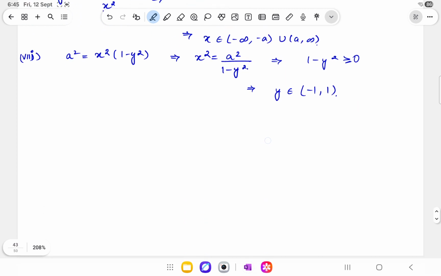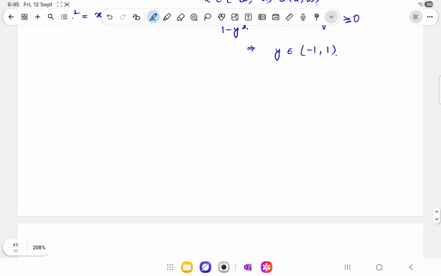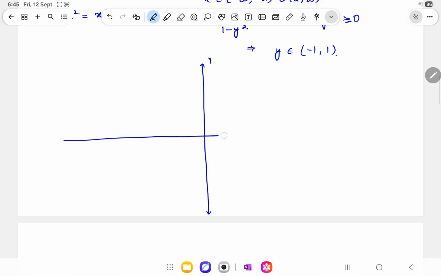Now let's try to plot our curve. This is my y-axis, this is my x-axis, and parallel to the x-axis we have asymptotes at y equals 1 and -1.